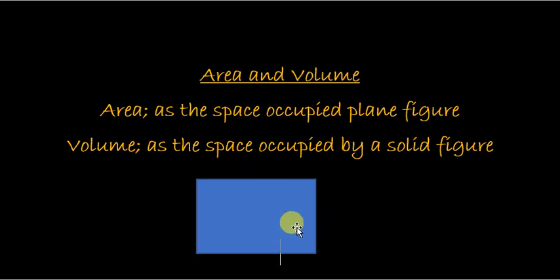The shape we have here is a rectangle, and this rectangle occupies a given space, as we can see. This given space occupied by this rectangle, which is a plane figure, is called the area.